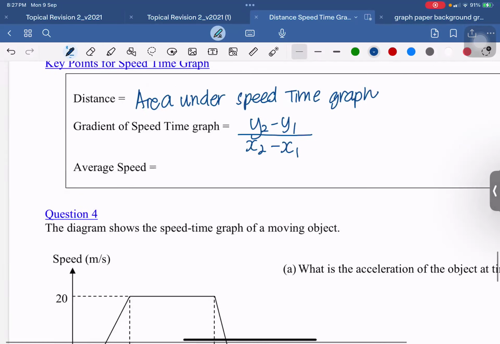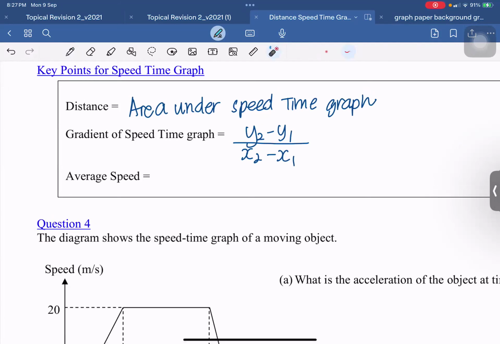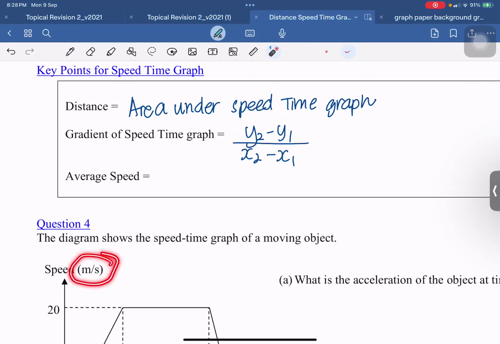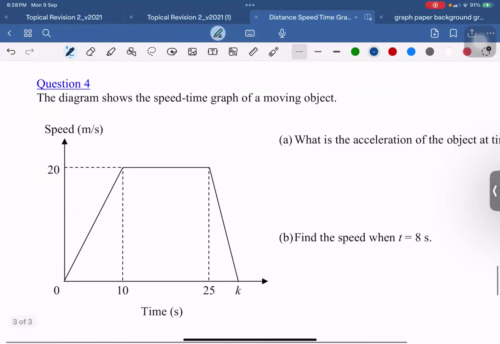Can you all tell me what is the units for my y? What is the units for the y? Speed, right? Meters per second. Then what is the units for my x-axis?